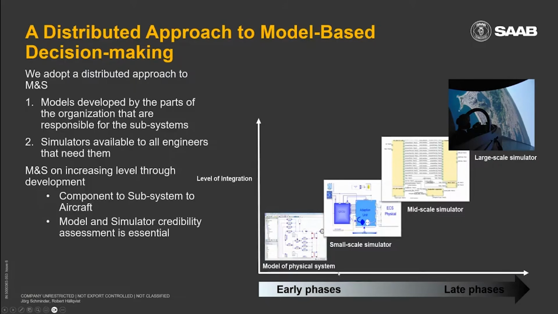And on the horizontal axis, we have some abstract representation of time. And here I wrote early phases and late phases. That does not mean that there are not even later phases here, such as operation. Or this is an undefined boundary, I should say. But if we are to work this way, then credibility assessment as an umbrella term becomes essential.